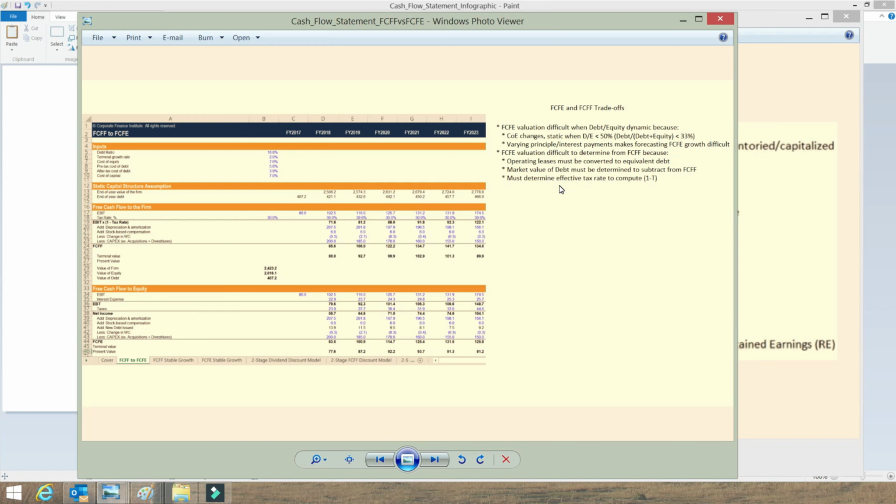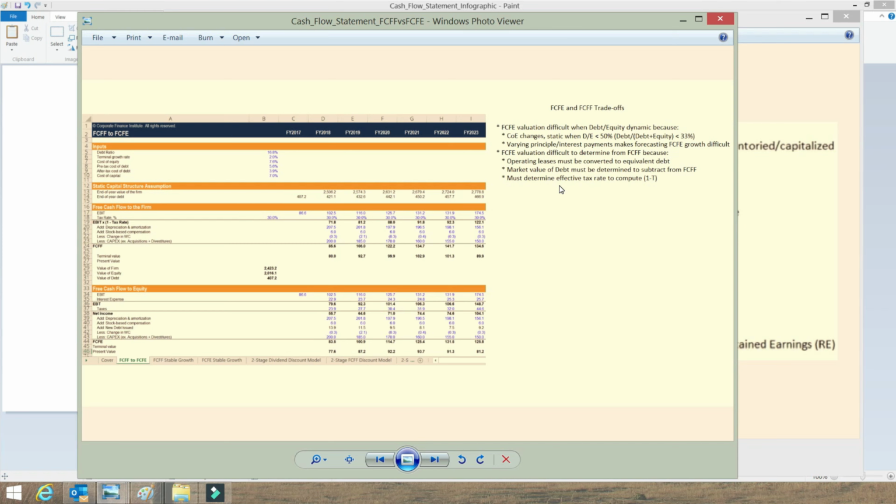Also, a dynamic debt ratio can cause interest and principal payments to vary considerably year to year, particularly if a company has a large debt to equity ratio. This results in lumpy yearly free cash flow to the equity holder, making forecasting cash flow growth more difficult. Free cash flow to the equity holder growth is a significant factor in calculating valuation.